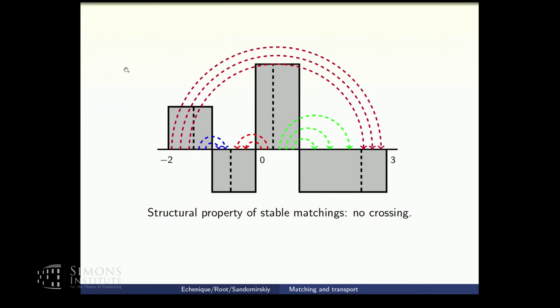That's part of what I try to convince you of: if you think about these matching markets through the lens of optimal transport, which is what we've seen in a moment, there are structural properties of the stable matchings which we can study in this way, and that are interesting to learn and to understand.